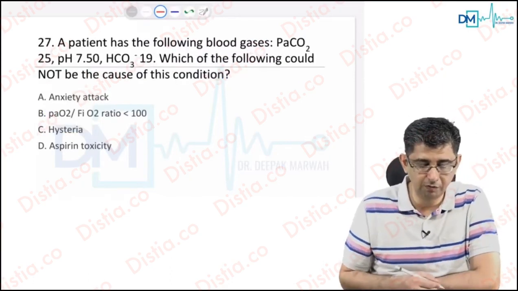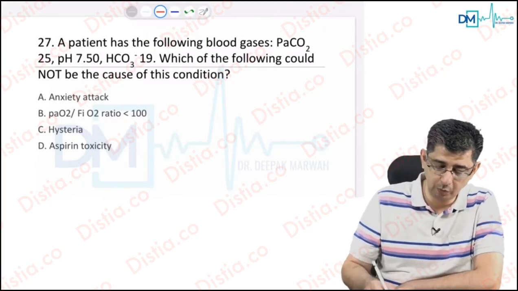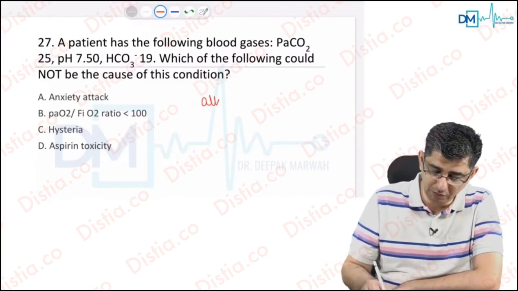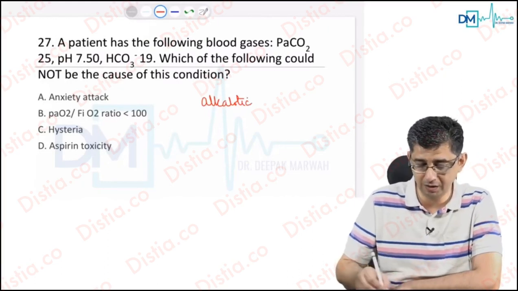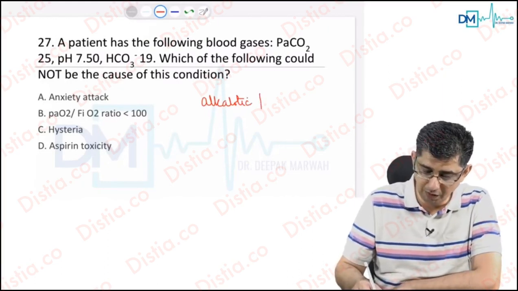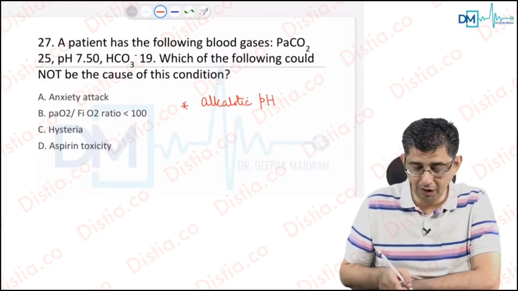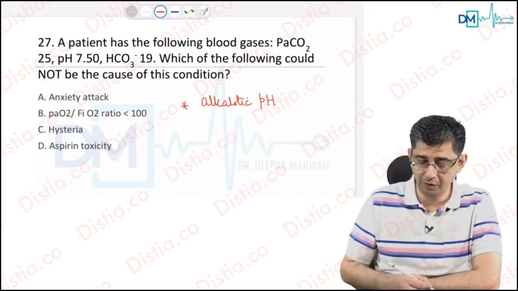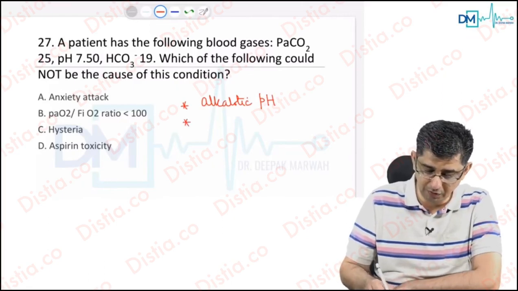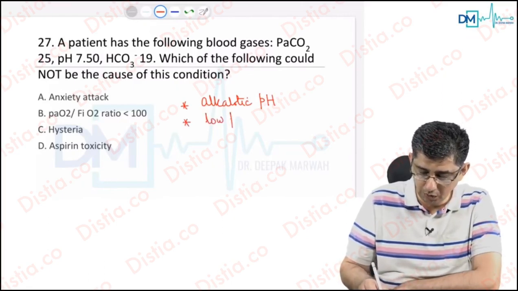A patient is having the following blood gases with a pH of 7.50. Even if PCO2 is given first in the question, you should avoid reading PCO2 first because you will tend to get a bias. First read pH, and that would be an alkalotic pH present in the patient. Now, considering that he is having an alkalotic pH, in this particular patient you are noticing that there is a low PCO2.